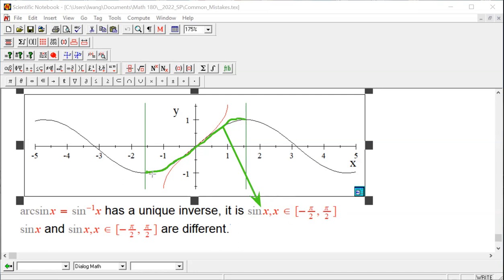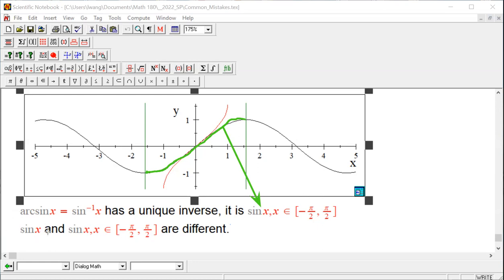So this green piece and the red piece are inverse to each other. That's why we say arcsine has a unique inverse. It is this piece. It's just a piece of sine. And these two functions are different.